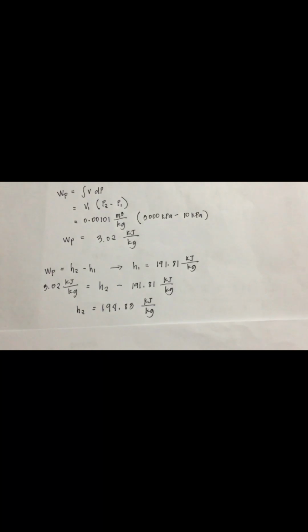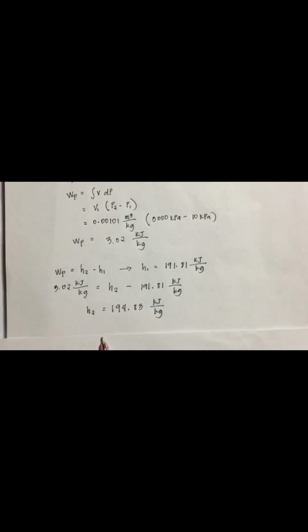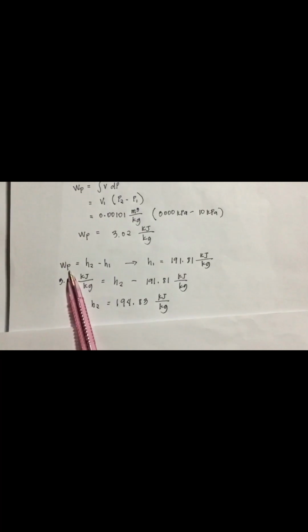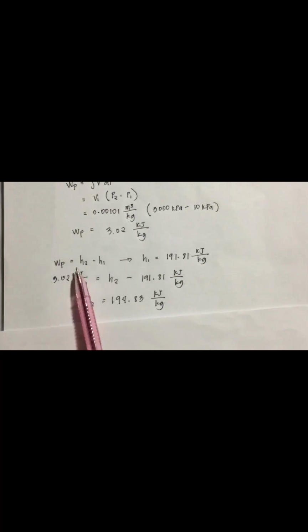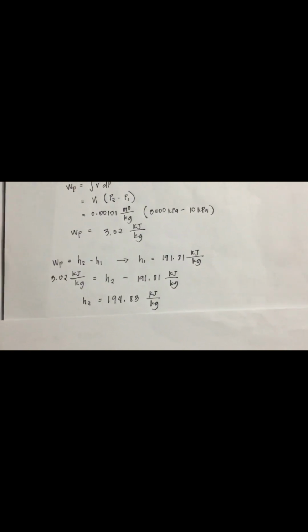So before we jump into the process 2-3, we need to find the enthalpy 2. First, we have this equation, WP is equal to H2 minus H1, where H1 is equal to 191.81 kilojoules per kilogram, which is seen in the property table.